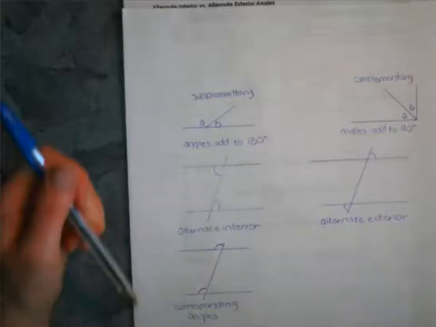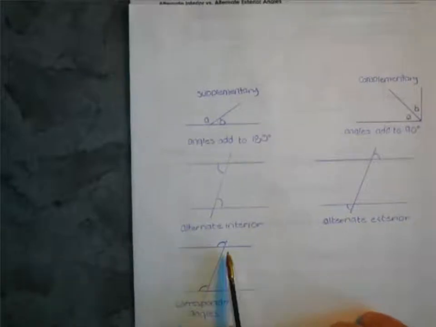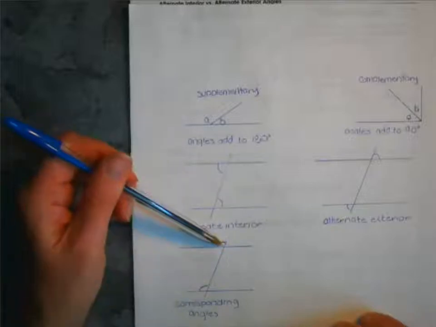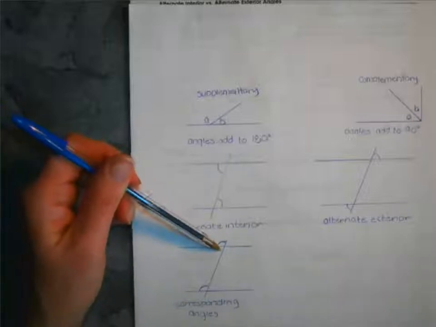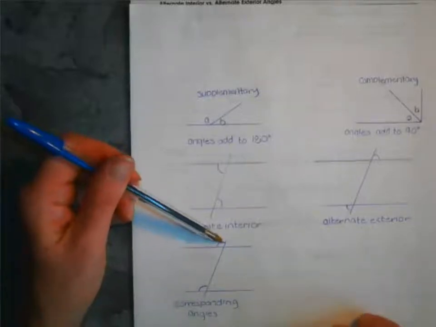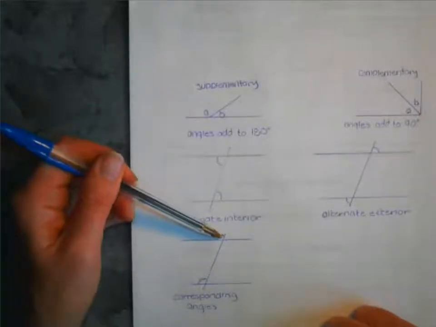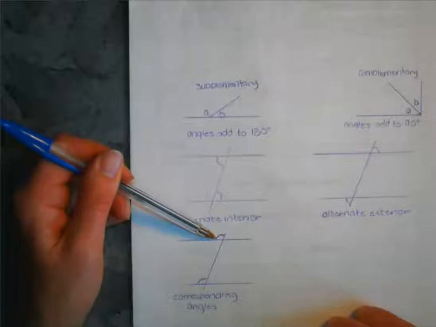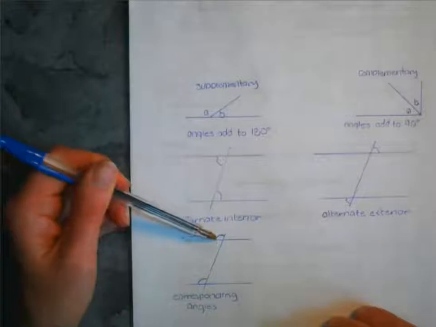Now, the only other one we looked at last time is corresponding angles. With corresponding angles, corresponding again refers to the transversal, so they're on the same, corresponding side of the transversal. But they're not adjacent angles, because that would be supplementary, right? Those add up to 180. Corresponding angles are equal angles around these parallel lines. So if this is the angle we're looking at, then one of its corresponding angles has to be on the same side of the transversal, and it has to be an equal angle.